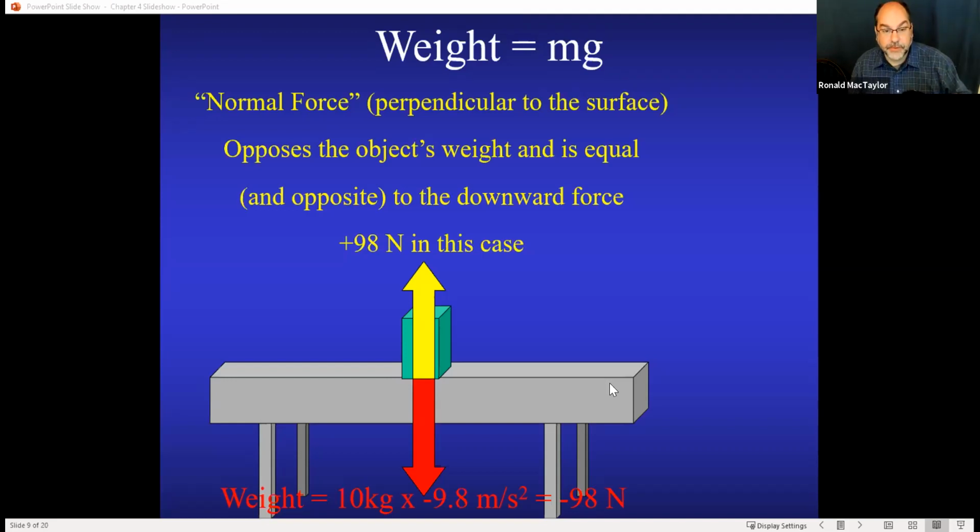So it is a positive 98 newton force acting on it. And an object at rest tends to stay at rest. When you add those together, negative 98 newtons plus positive 98 newtons, you come up with zero newtons. There is zero net force. That means that the box sitting on the table is not accelerating.